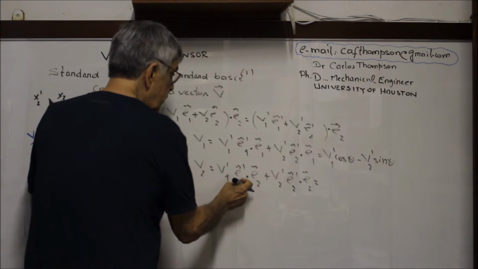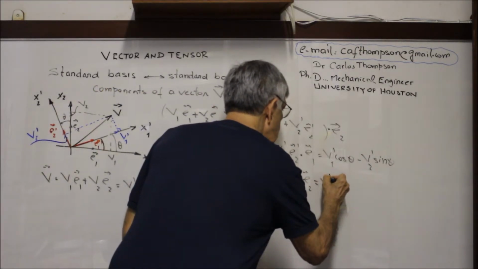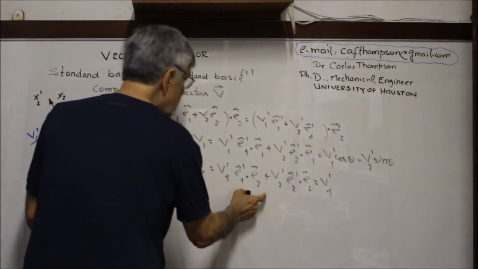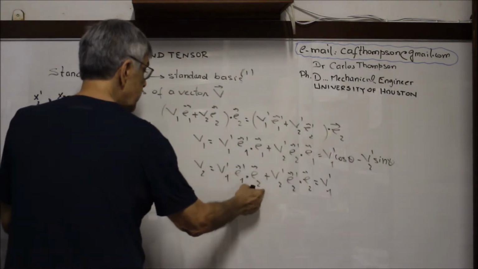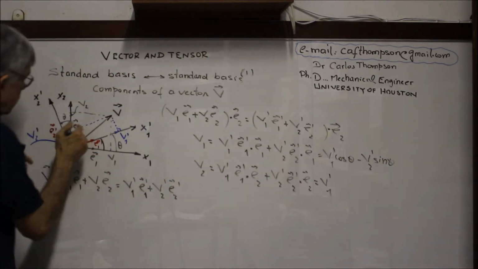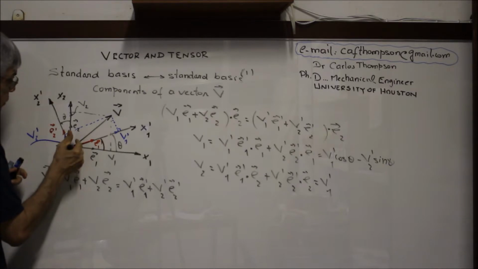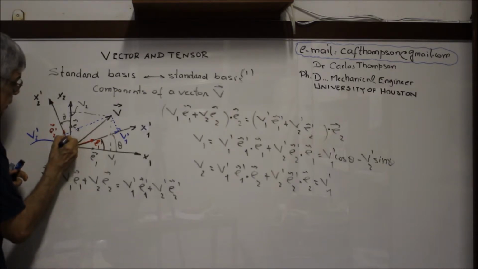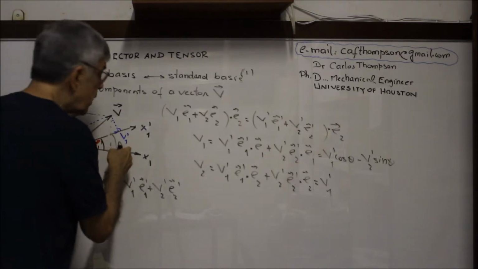So here you put V1 prime cosine of the angle between E1 prime and E2. This is E2, and this is E1 prime.